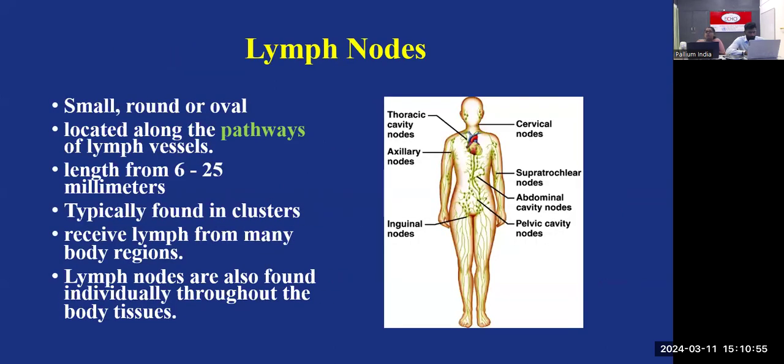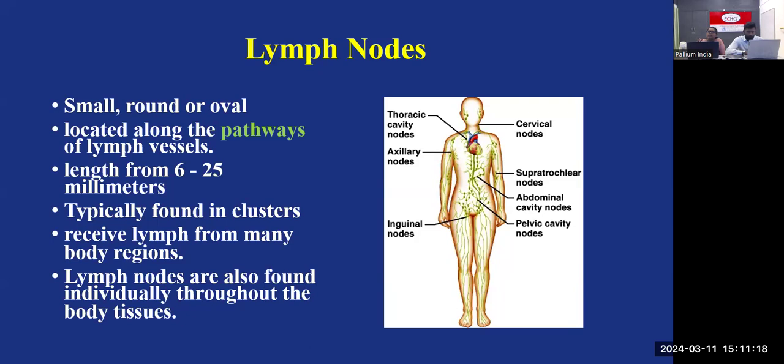Coming to the lymph nodes. After lymphatic capillaries, you should understand what lymph nodes are. They are small, round or oval shaped structures located in the pathway of the lymph vessels.